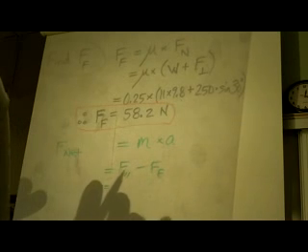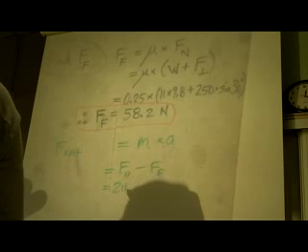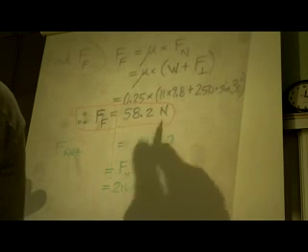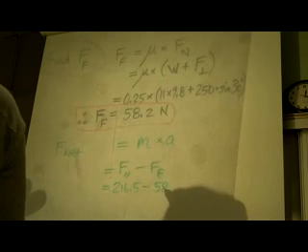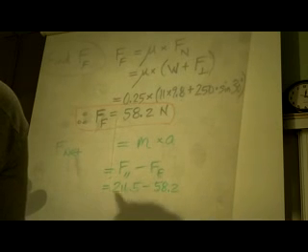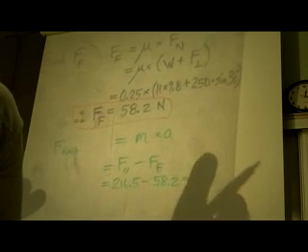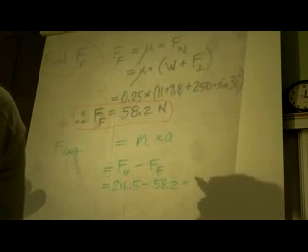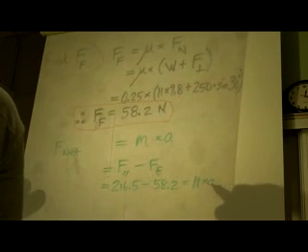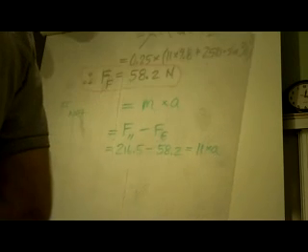And the force that's winning was 216.5. The losing force you just calculated is 58.2. And that equals M times A. M you already know, it's 11 times the acceleration you're looking for.